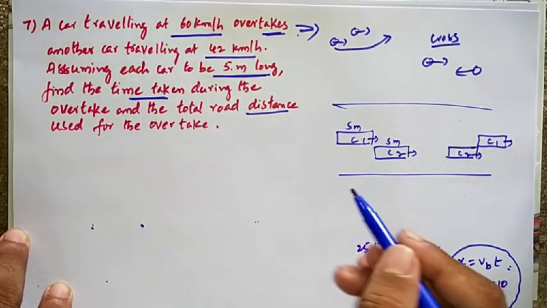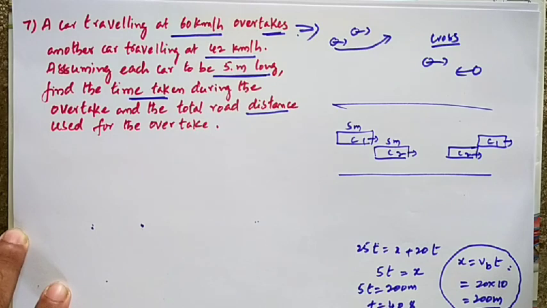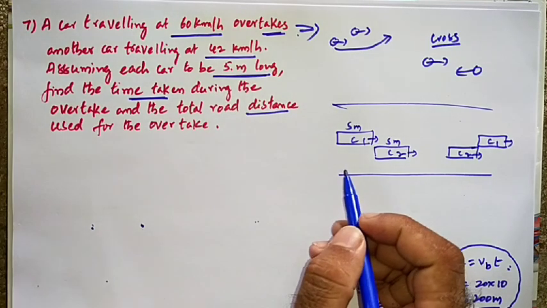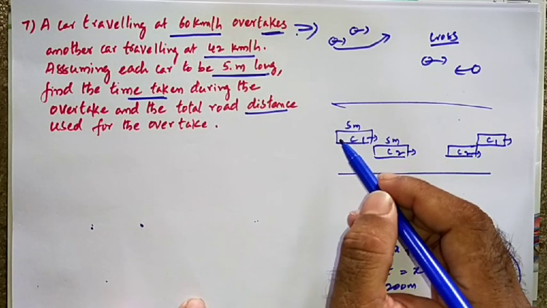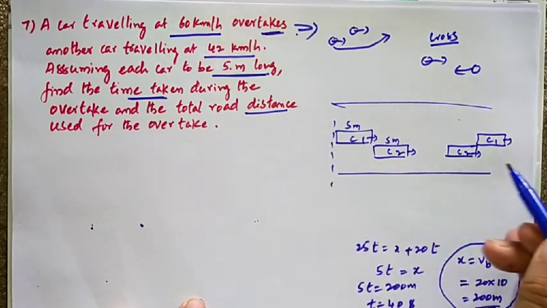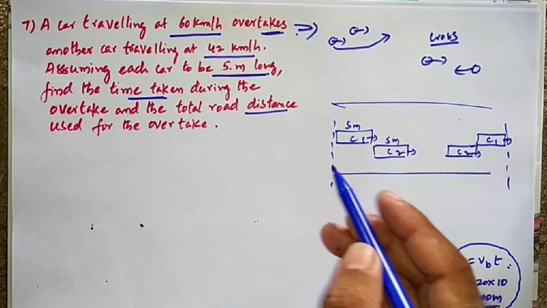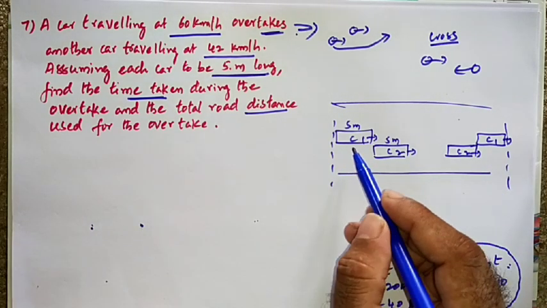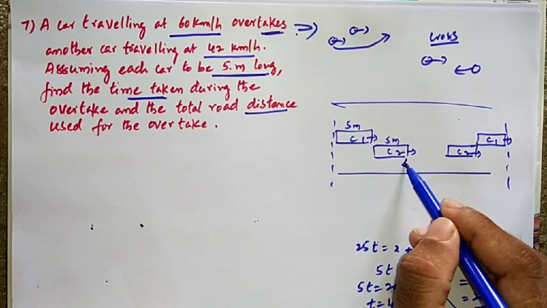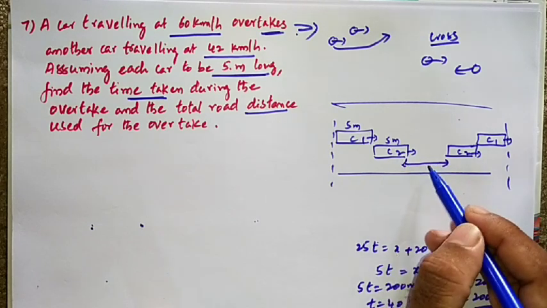Now we need to calculate how much time it takes during the overtake and the total road distance. What is the total road distance it has covered? From this point to this point. Now see that. What is the distance traveled by car 2 in this case?